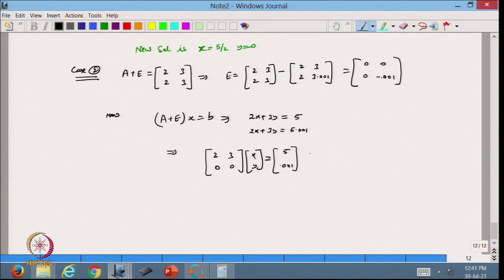So, in this case I can say that in the last equation it is not possible. So, the system has no solution, or I can say that it is inconsistent.